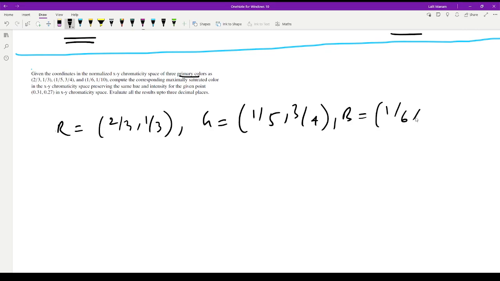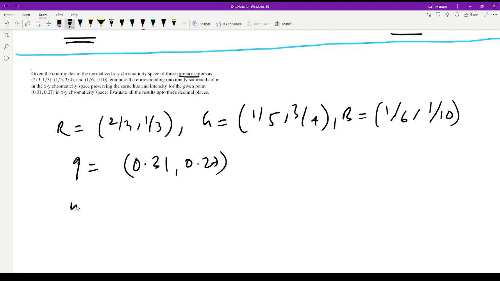B is 1 by 6, 1 by 10. Compute the corresponding maximally saturated color in the XY chromaticity space, preserving the same hue and intensity for a given point. So let the point be denoted as Q, which is given as 0.31 and 0.27.